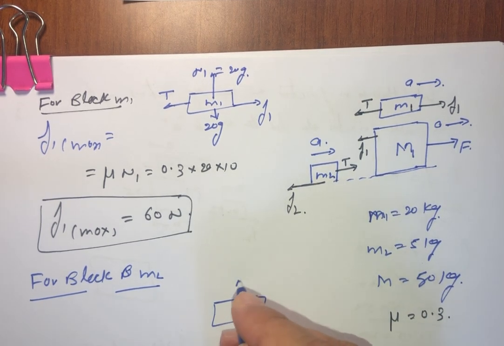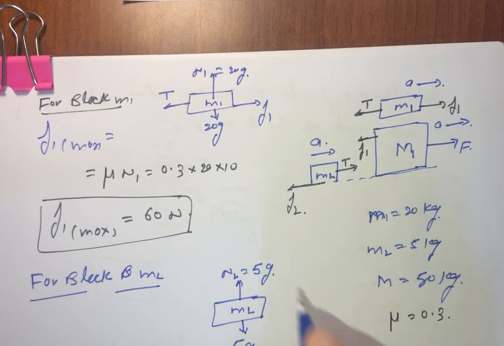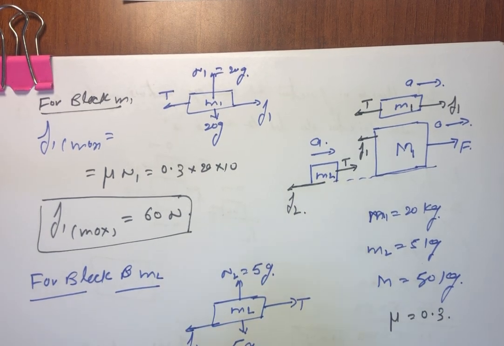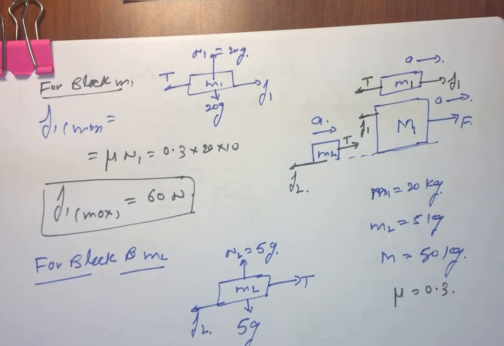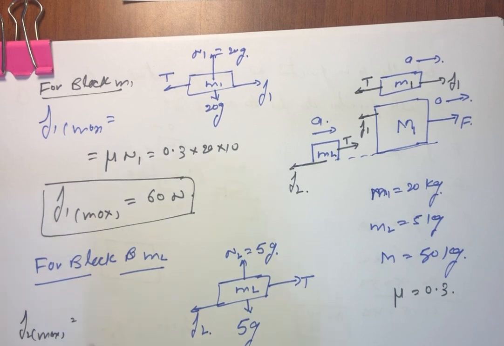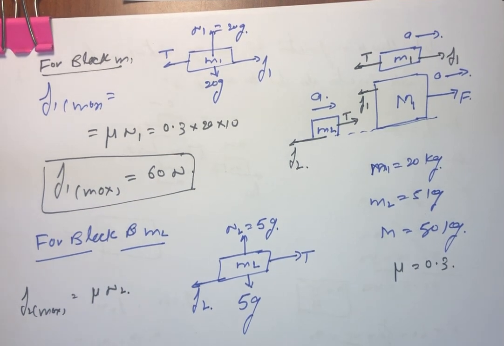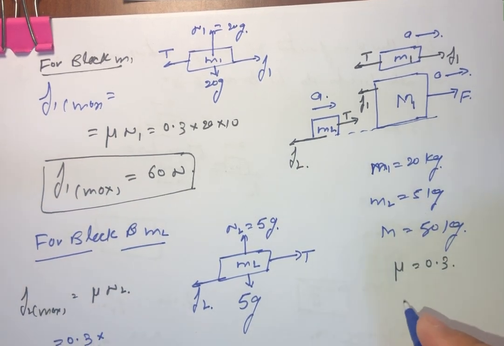Let us suppose the normal N2 whose value will equal 5g, and there is a tension T and a friction force of F2. You can say our F2 max will be equal to mu into N2, and the value of mu is 0.3 and g is given as 10.